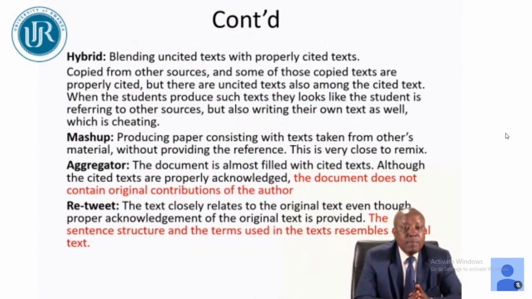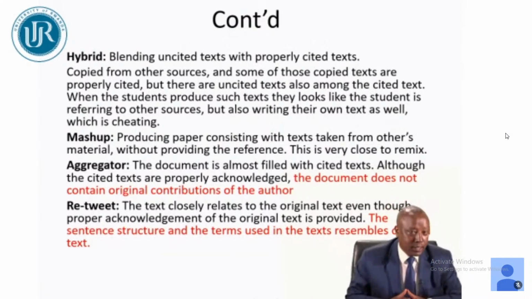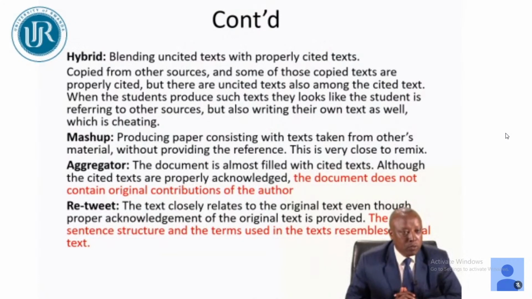Aggregator is when the document is almost filled with cited text. Although the cited text is properly acknowledged, the document does not contain original contributions of the author. This is very common. Listen to me carefully, and you can tell me what is going to happen when you will be given different works to submit.